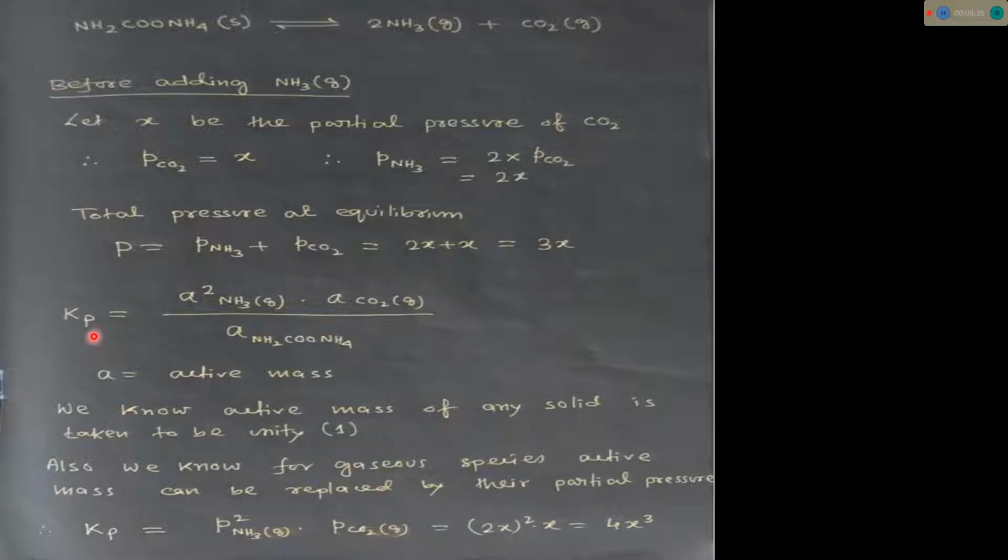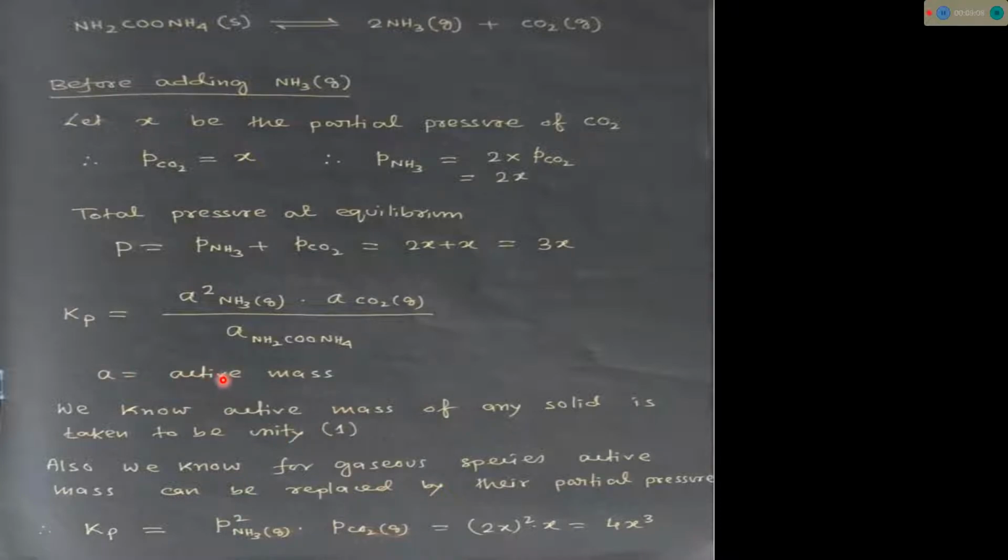If we calculate the equilibrium constant Kp, since these are gaseous species, that's why we are calculating Kp. For solutions, we have to calculate Kc, the concentration equilibrium constant. Here this is the pressure equilibrium constant. So, A is the active mass: active mass of NH3 whole squared, as 2 is there, times active mass of CO2 gaseous species, divided by active mass of ammonium carbamate solid.